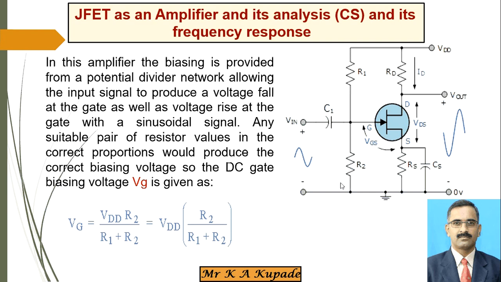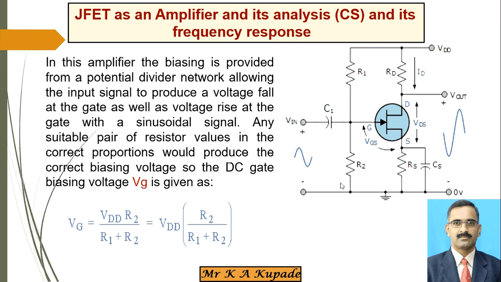That is the consideration for this amplifier. Are you getting what I want to say here? Whenever you consider this amplifier without V in, the potential divider R1 and R2 should provide the proper biasing voltage to the gate terminal.